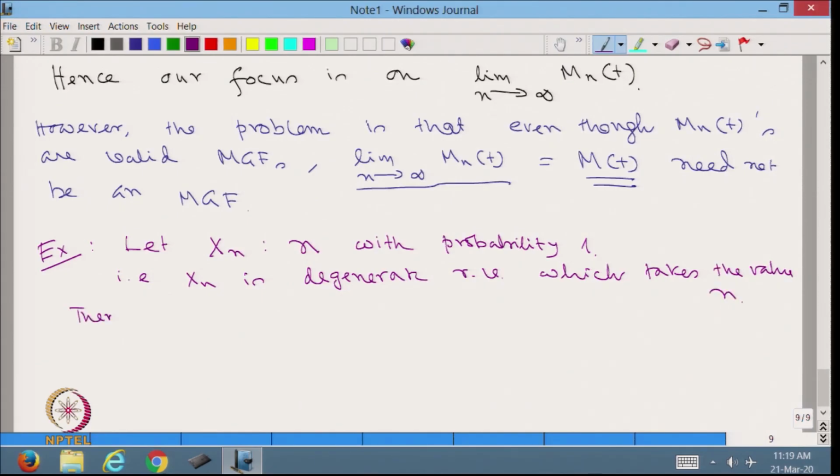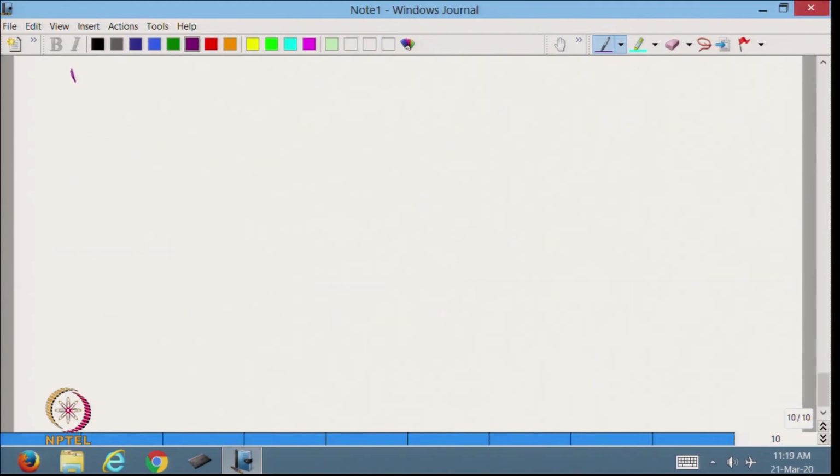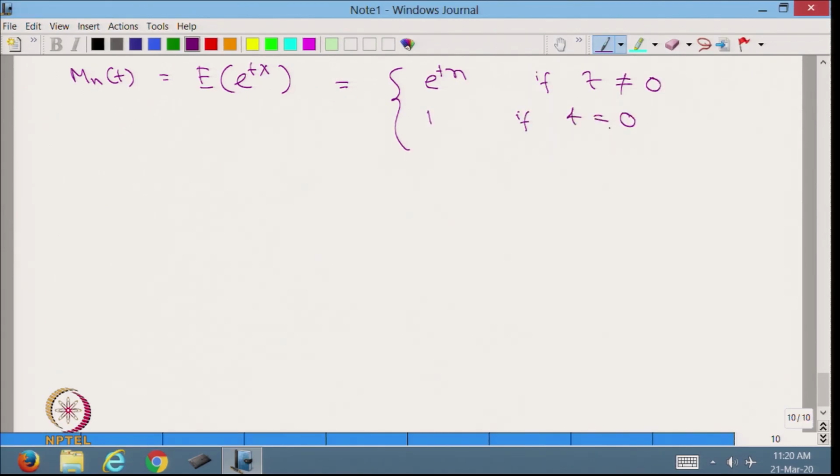Then what is M_n(t)? M_n(t) is equal to the expected value of e to the power t Xn, which is e to the power tn if t is not equal to 0 and is equal to 1 if t is equal to 0.